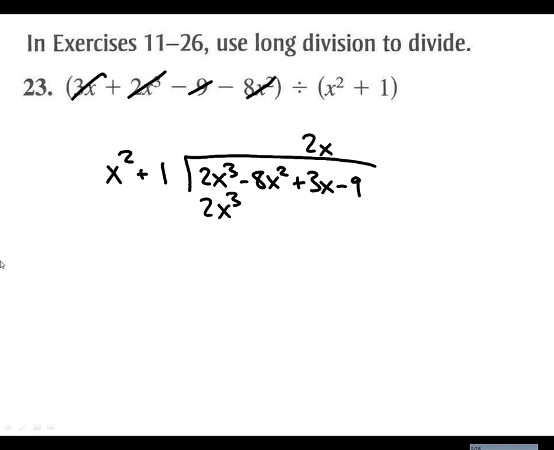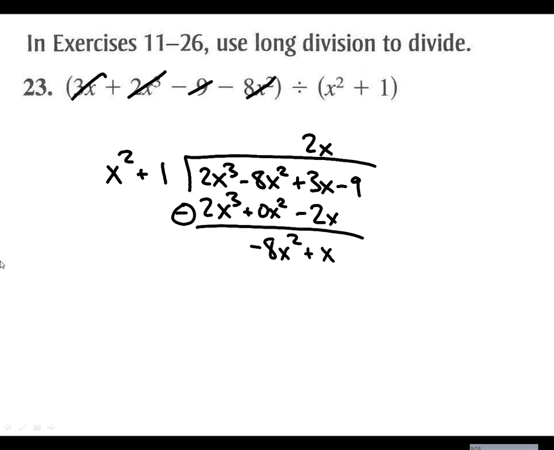And we have minus 2x. We can do a placeholder here. And we'll bring this down with subtraction, minus 8x squared plus x. And so we can go ahead and multiply or divide through this one more time.